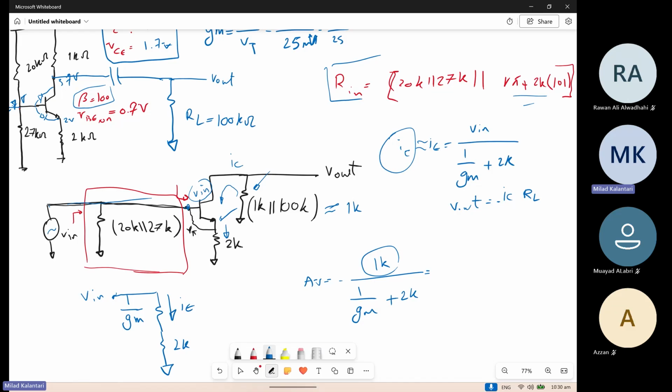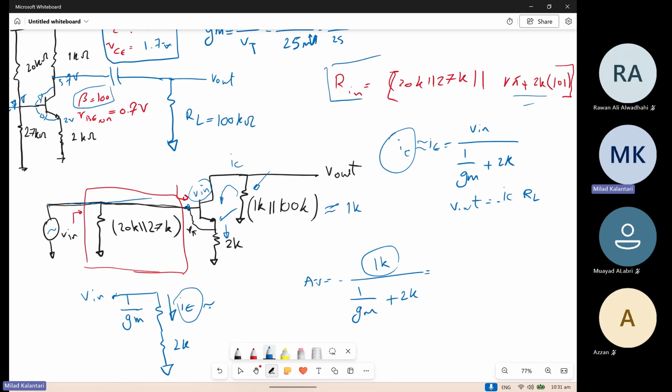I just connect this voltage source to the base, and then I want to find the collector current due to this Vin. So you can draw a simplified version, transferring the impedance to the emitter first. You move everything to the emitter because you want to find the emitter current.